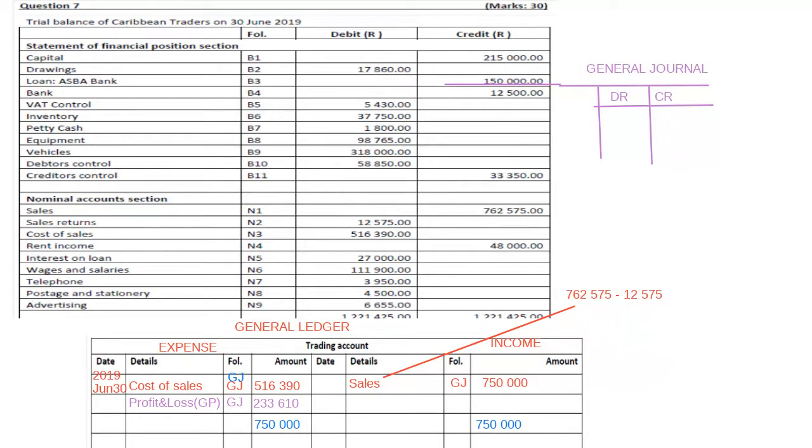So this is what I'm going to do. I'm going to say, okay, I'm going to have sales. Remember, guys, I'm just doing the rough work here. I'm going to have sales here. I'm still writing. And I'm going to put my sales returns. How much is my sales returns? It's 12575. Can you see now? And now the second account is going to be sales returns.